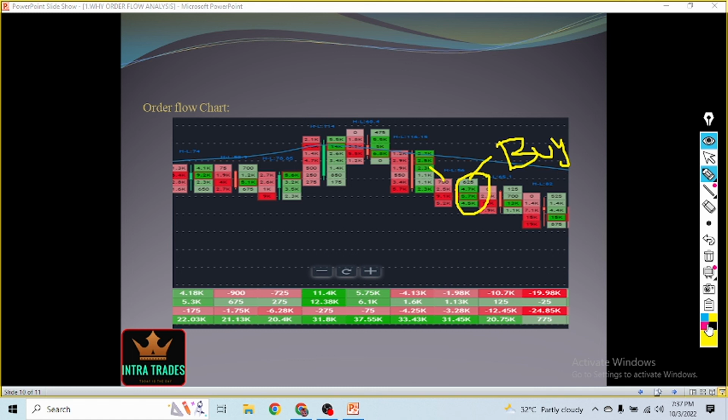And this is sell orders. There are some more details at the low of each and every candle, which will show you whether in every single candle the buyers are in domination or the sellers are in domination.